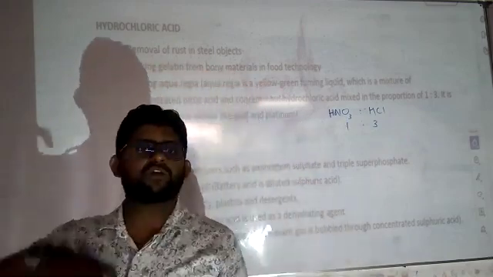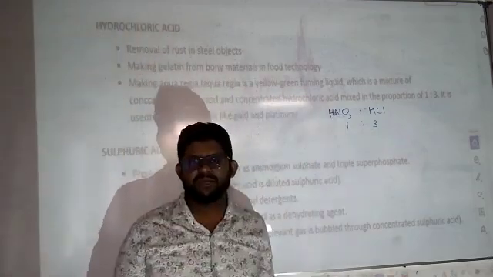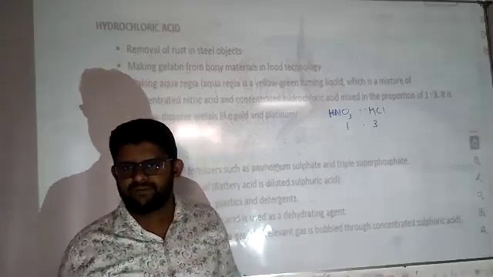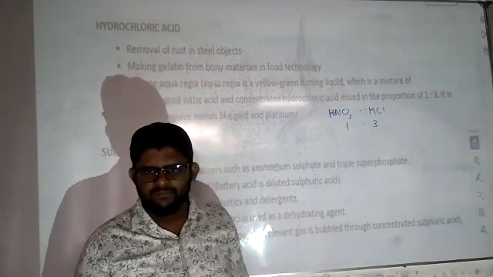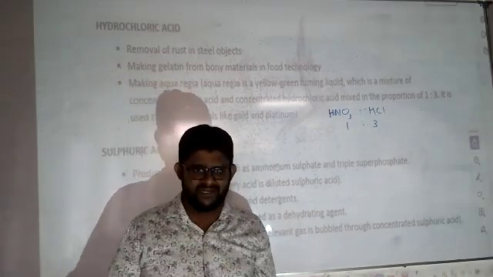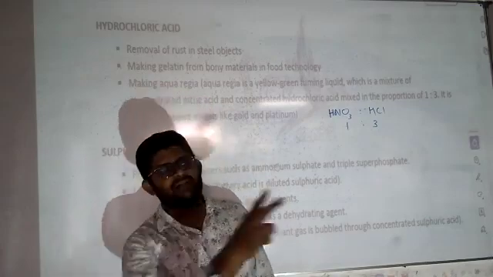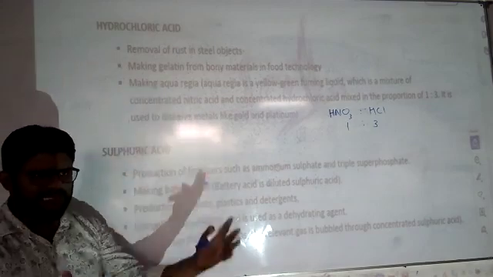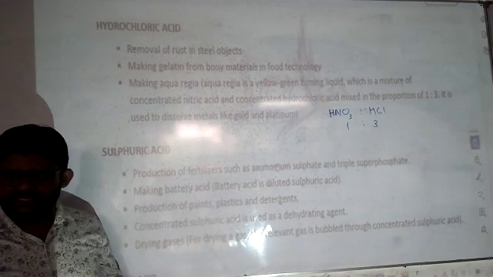Because of this property, another application is also there. If you want to dry gases, say you take a sample from air, it definitely contains water molecules, water vapors. If you want to dry this air sample, how do you dry it? Can you keep it inside an oven, or put it under the sunlight like drying clothes? No, it's a gas. So what you can do is send the gas sample through sulfuric acid, bubbling the gas through it using some methods.